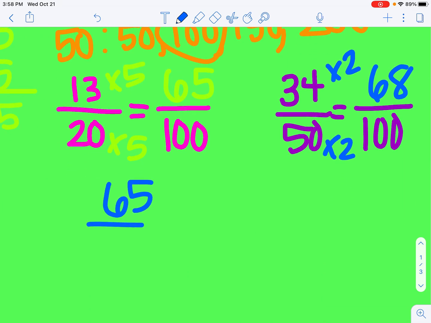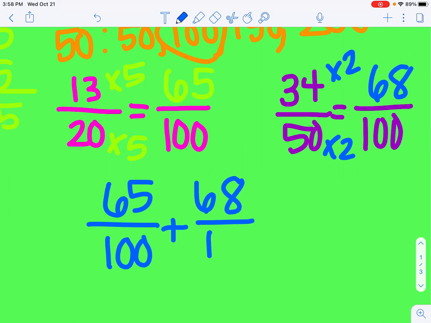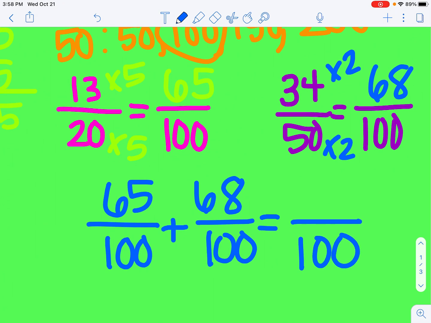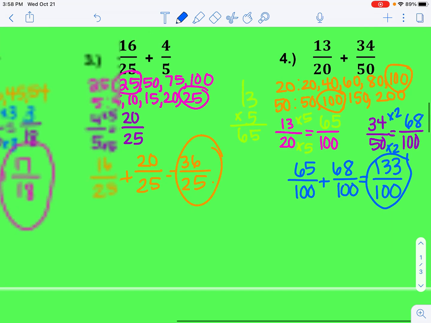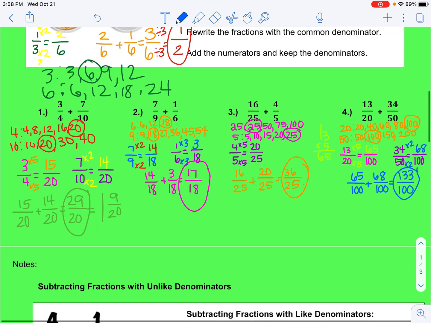Now I'm going to add them together. 65 over 100 plus 68 over 100. My denominator stays 100. 65 plus 68 gives us 133. And then I know I cannot simplify 133 over 100, so I am done.